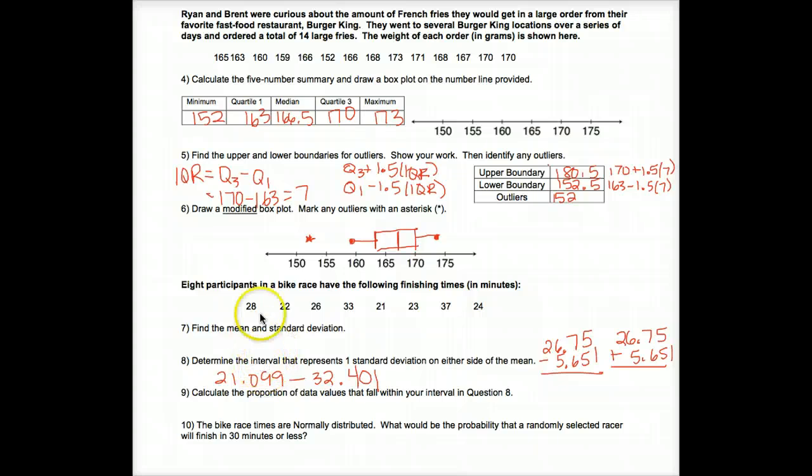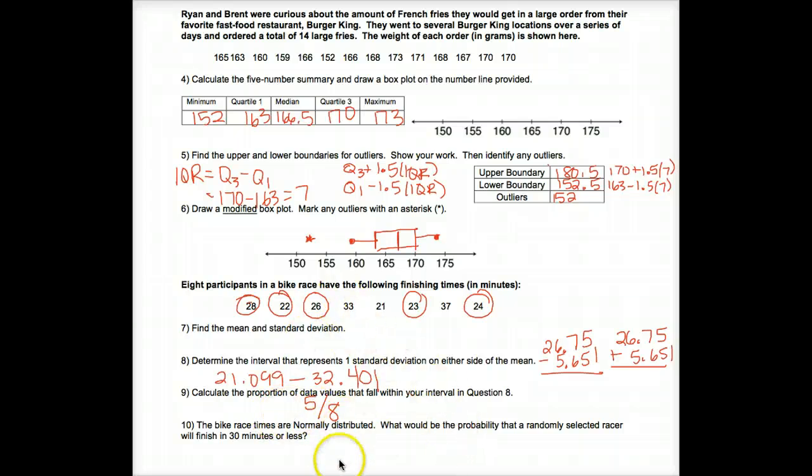So between 22 and 32 would be this guy, this guy, this guy, this guy, and this guy. So of the 8, 5 of them fell. So the proportion would be 5 out of 8. If you wrote it as a decimal, I think it's 0.625, that would be fine also. But it says proportion there.